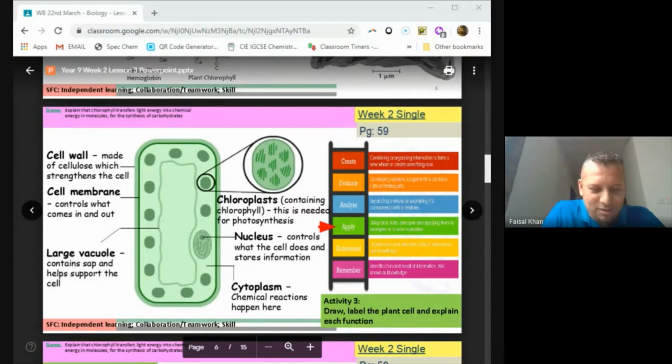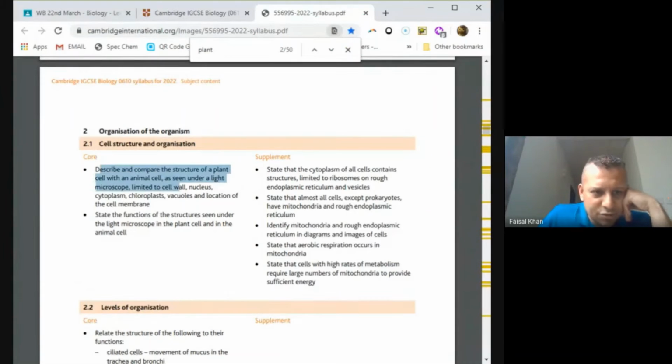Yeah. All right. Okay. So the best thing to do for this one, I'm going to show you something. GCSE Biology, IGCSE, Cambridge. Okay. Describe and compare the structure of a plant cell with an animal cell. Okay. So identify things like mitochondria. State the functions of the structure seen under the light microscope in the plant cell.